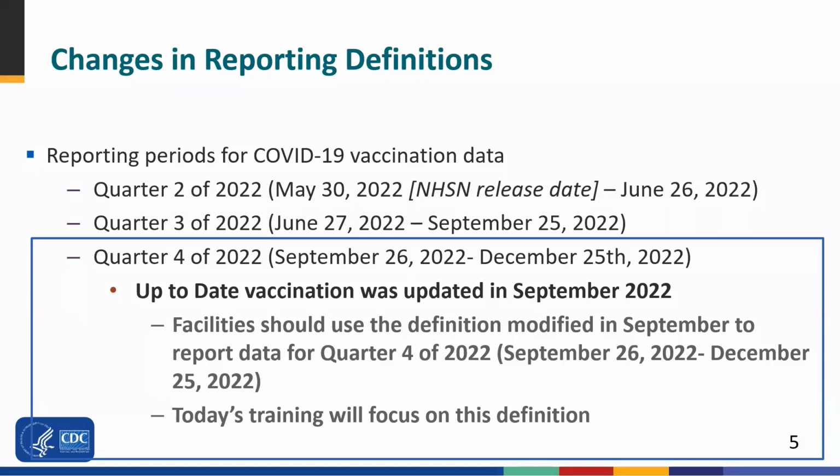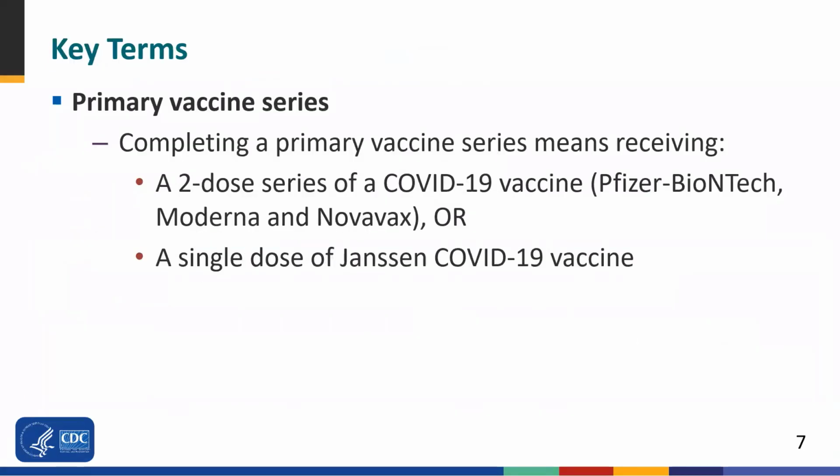Today's training will focus on the latest changes made to the up-to-date definition, and this new definition will be used for reporting weeks beginning September 26. Before we review the specifics of the new up-to-date definition, let's review some key terms surrounding COVID-19 vaccination.